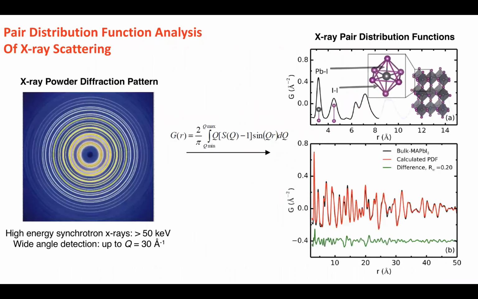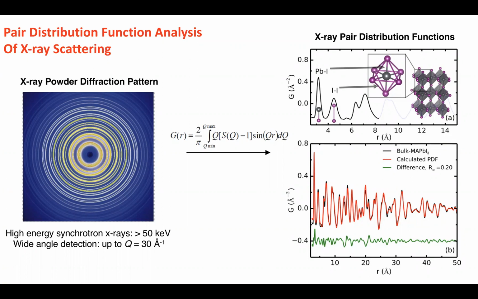So here's an example of an X-ray diffraction pattern taken at a synchrotron. This is a lovely looking pattern. Look at all the rings that you see here. This was collected on a detector that's probably about this big. It costs a couple of million dollars. This is a very high-end X-ray scattering pattern.